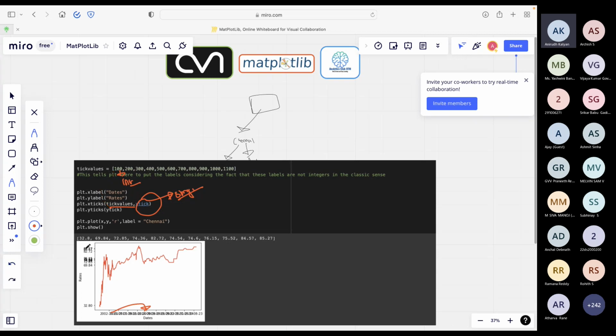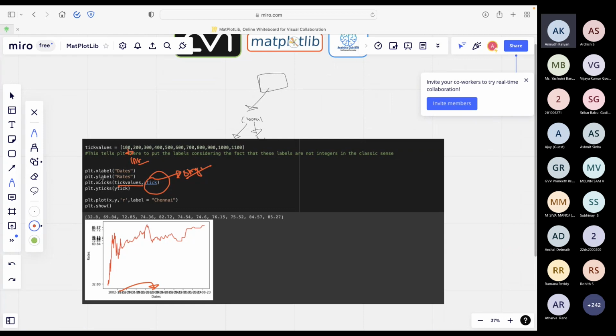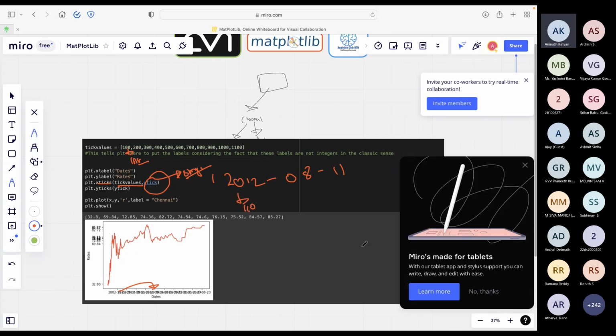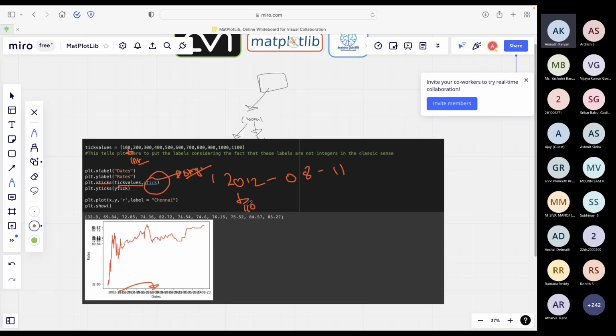What it will do is tell the xticks function that the first element of the string, let us say it was 2012-08 something, will go in the 100th marker. So it will start from 0, find the 100th point where the marking was made, and then take that particular string and drop it here, which was 2002 in this case.